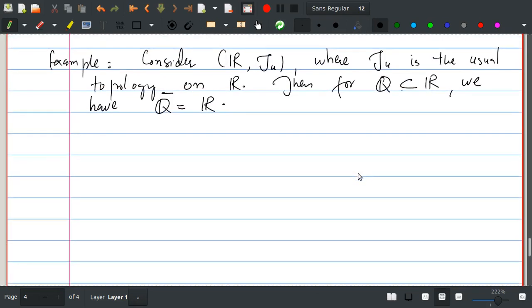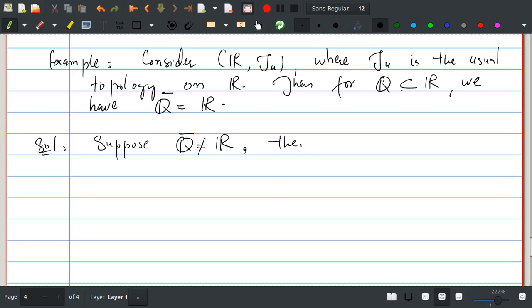So let us prove this formally. We have to prove Q closure is R. Suppose this is not true. Suppose Q closure is not R. Then, Q closure being a subset of R but not equal to R means there is some real number in R which is not in Q closure.